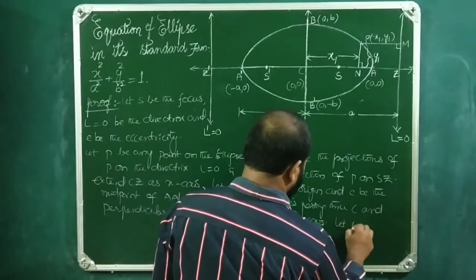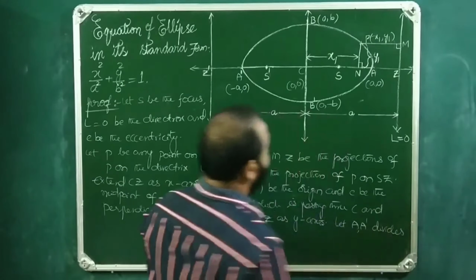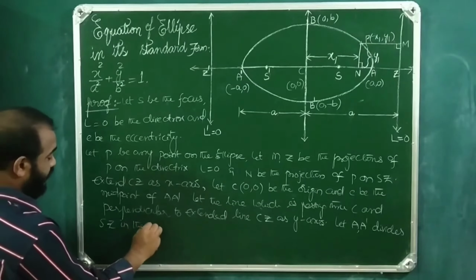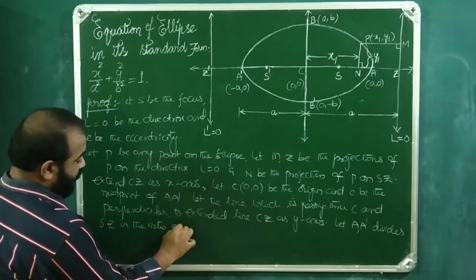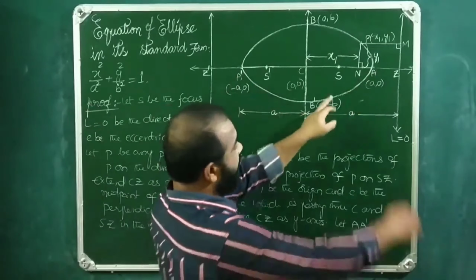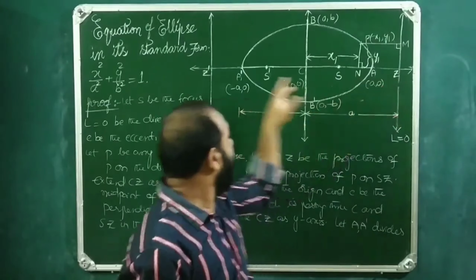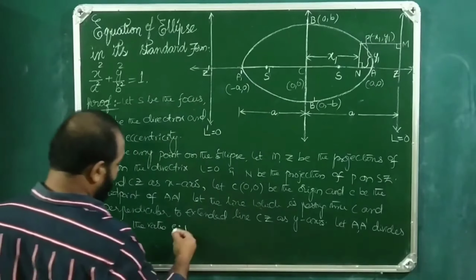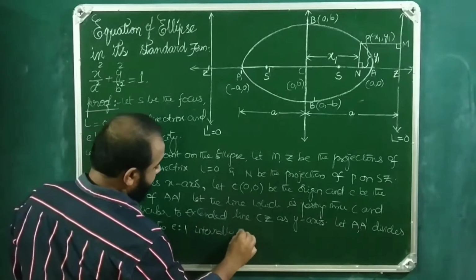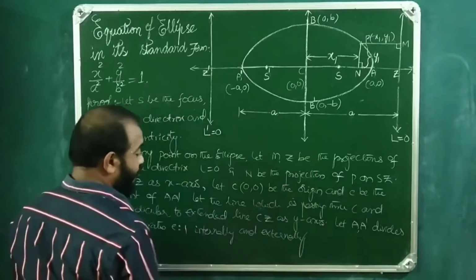Let A comma A dash divide SZ in the ratio E is to 1, A internally and A dash externally, respectively.